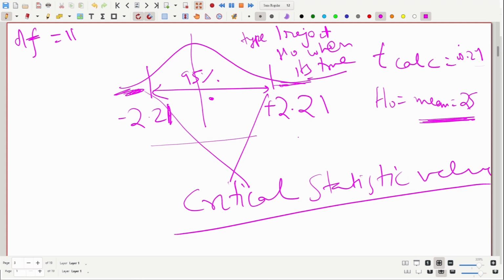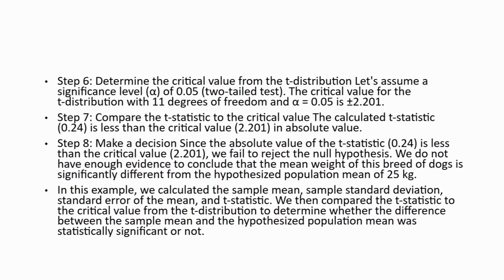Again, this logic is simple: because the statistic is in this range, we can confidently say it is the same, which means our null hypothesis is true. We are accepting our null hypothesis. Okay. So this is how we apply a test.